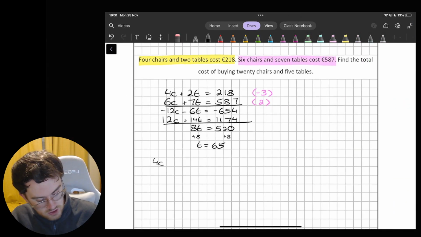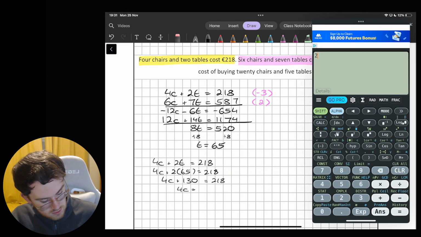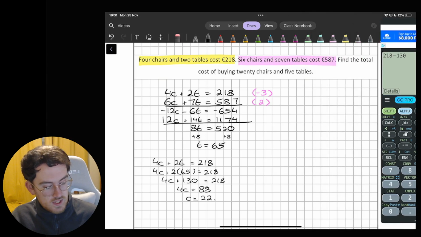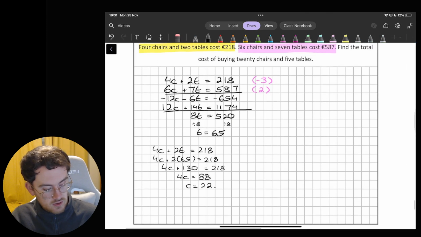We know 4c plus 2t is 218. 4c plus 2 times 65 is 218. 4c plus 130 is 218. 4c is 218 minus 130, 88. So c is 22. So €22 for a chair, €65 for a table.